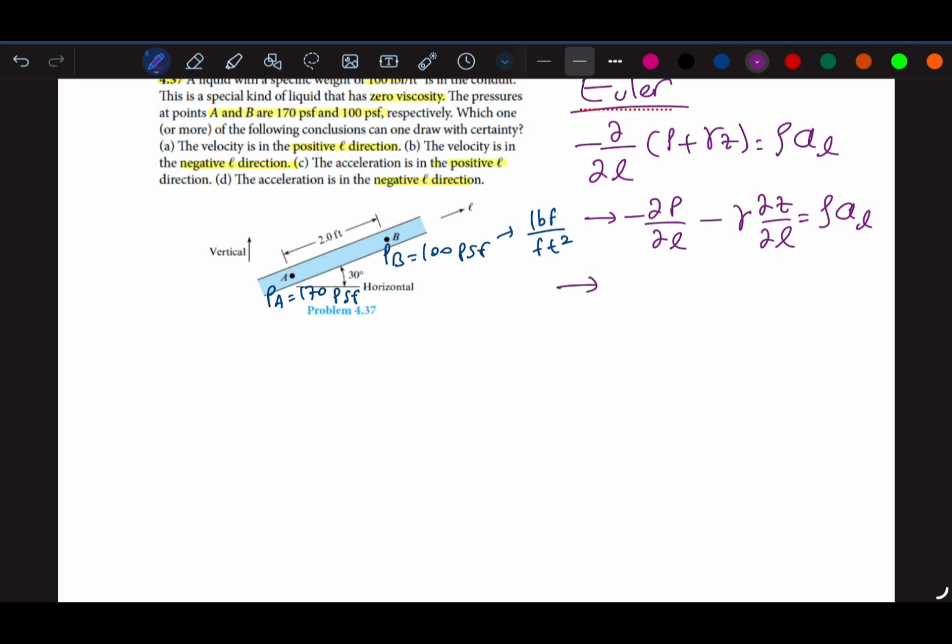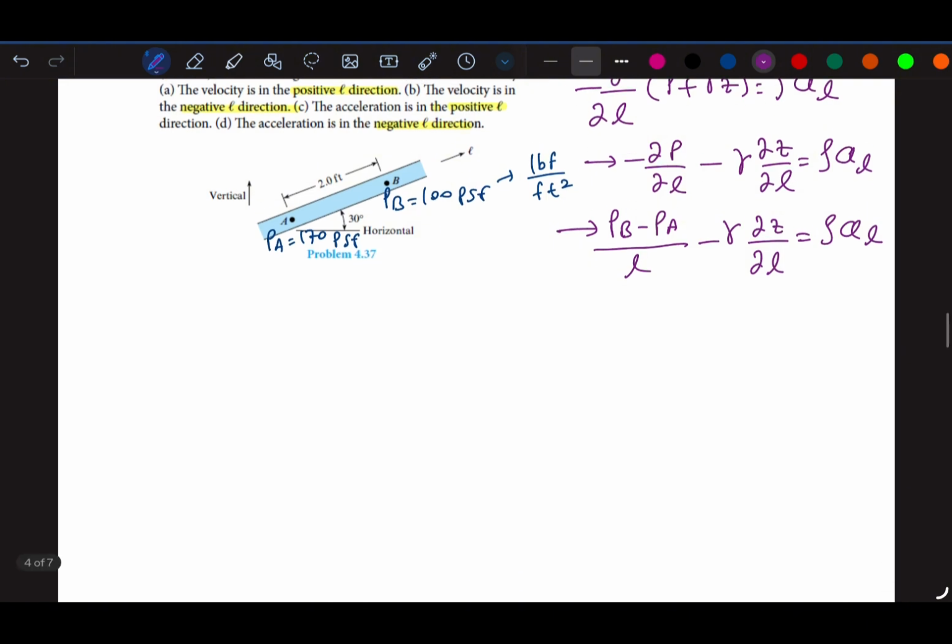And let's continue with the first term. So as I mentioned, this means change with respect to L. So this says PB minus PA over L minus specific weight times delta Z over L. Okay, so let me continue from here. So PB is 100 and PA is 170.